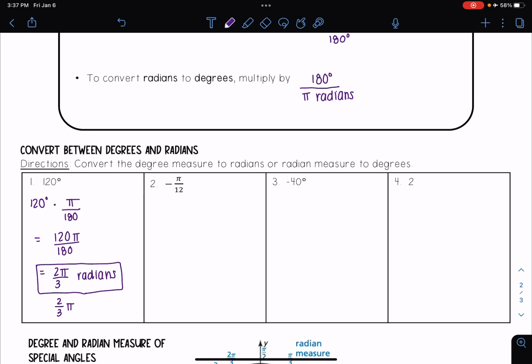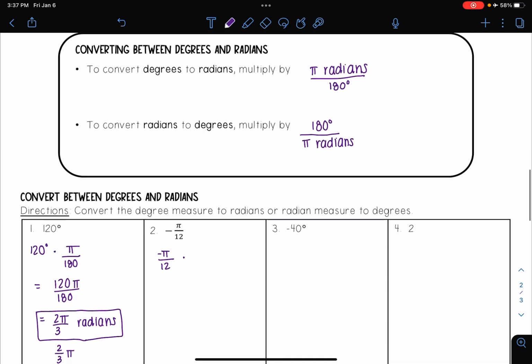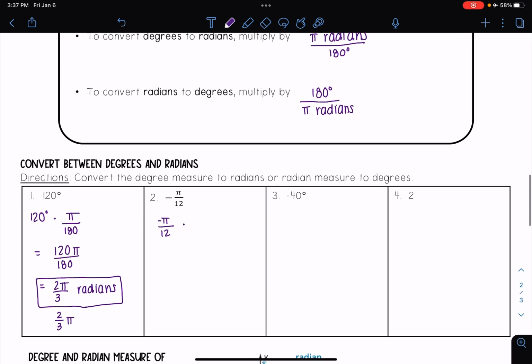Okay, this next one I have negative pi over 12, and this is in radians because there's no degree measure here, and I see a pi in there. To switch that over to degrees, I need to multiply that by 180 over pi.